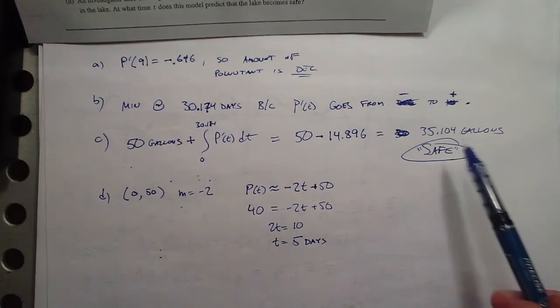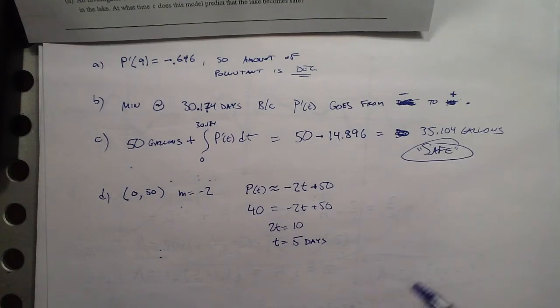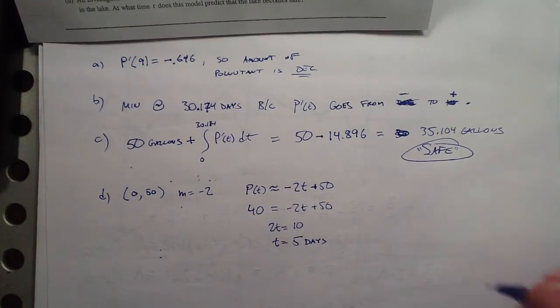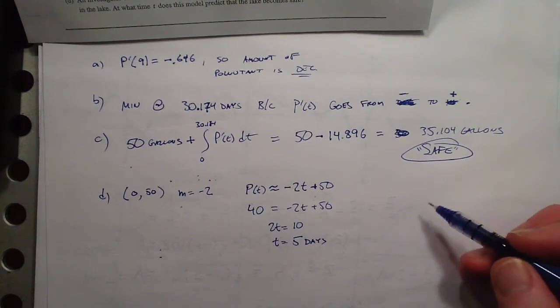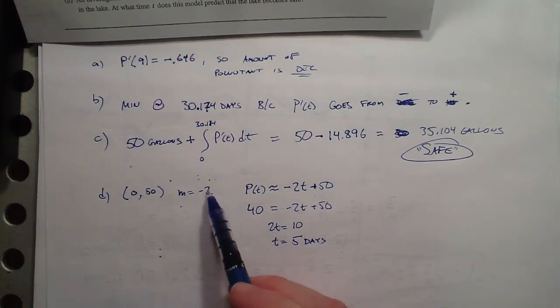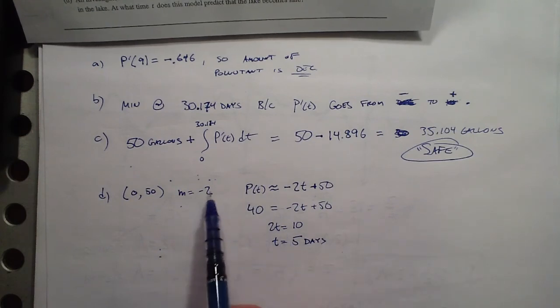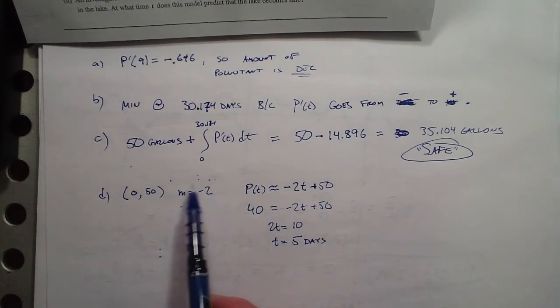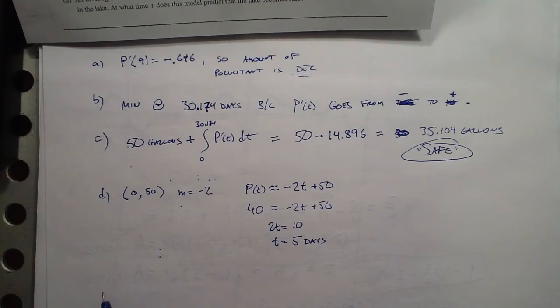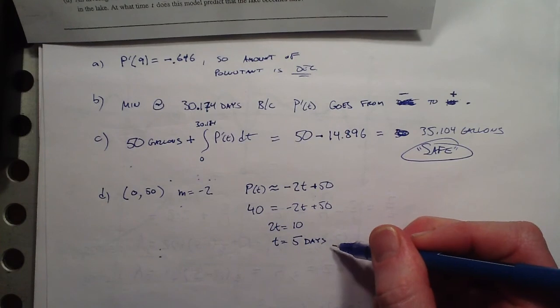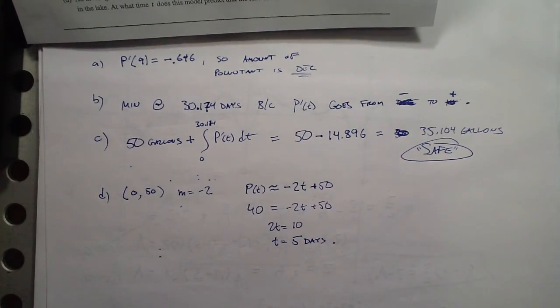After almost a month, it was just a little bit under that. Why did this tangent line predict so much earlier? Well, if you remember what the graph looked like, it was steeper, right? It started to flatten out. The slopes were getting smaller, so this overestimated because the amount of pollutant was not decreasing as fast the whole time. So anyway, we weren't asked about that, but it's worth thinking about. All right.